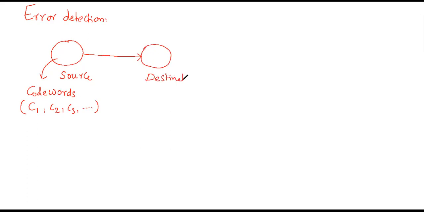Now, the important point you need to remember is: to detect error, the distance between any two code words in the set should be 2.